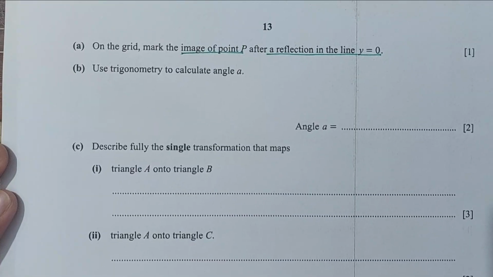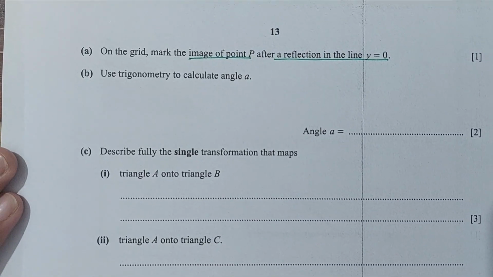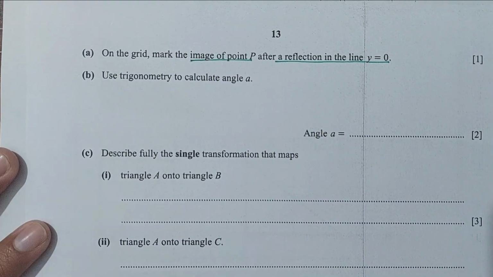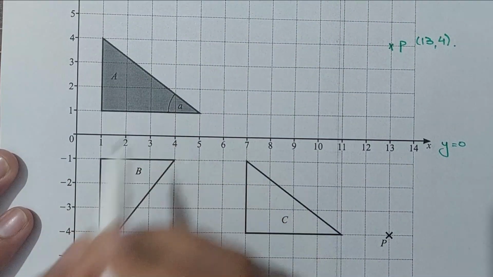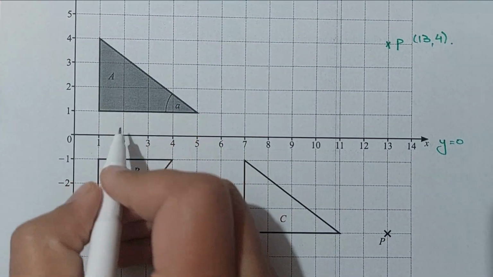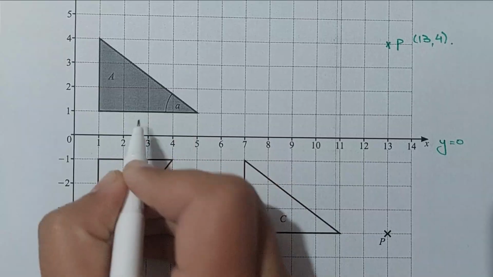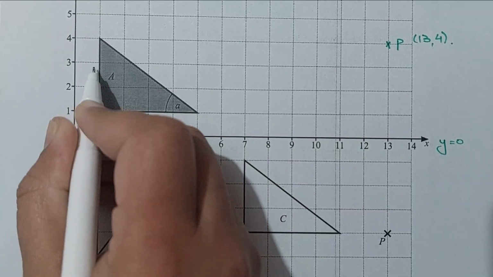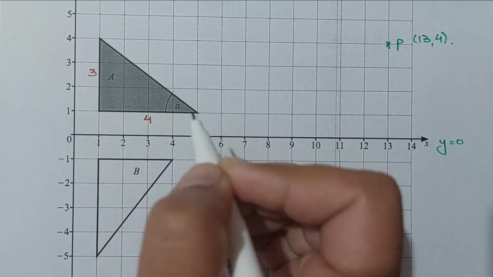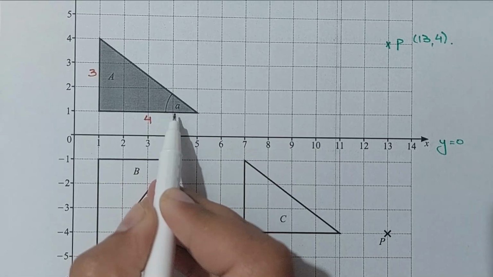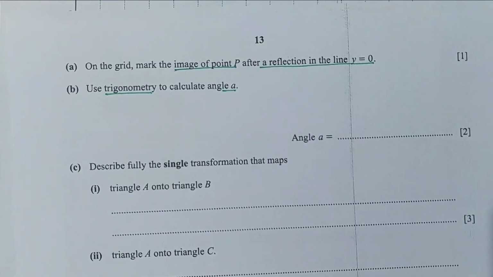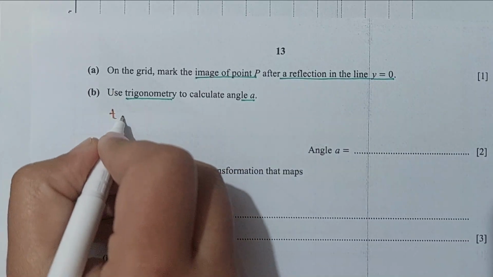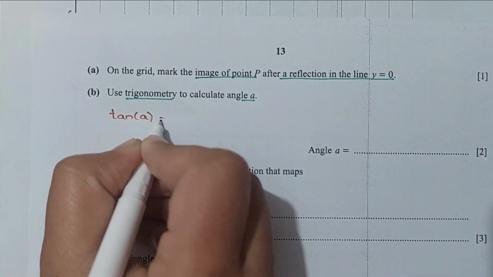Now for part B, use trigonometry to solve angle A. You have to use trigonometry to solve that angle A. Okay. Where is angle A? This is angle A. Alright. So this length is 1, 2, 3, and 4 units. This length is 1, 2, and 3 units. Okay. So this is the opposite and the adjacent. Tangent ratio we have to use. We can say tangent of angle A is opposite over adjacent.